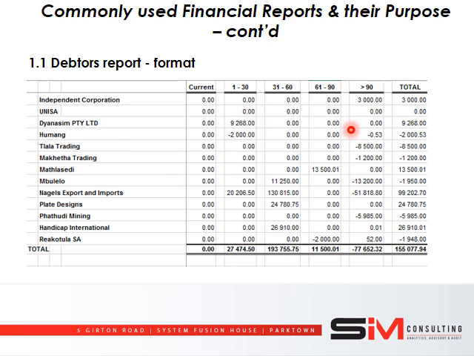As you look at the amounts, what is the beauty of this report? In certain instances, it will show the amounts as negative. As you can see with Tlale Trading, for example, it shows negative 8,500. A layman's interpretation would suggest that your company owes Tlale Trading 8,500 because it's negative.